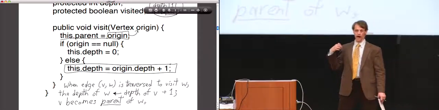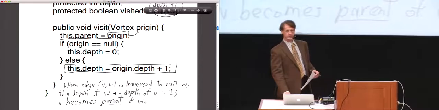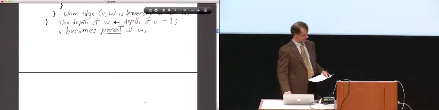So let me show you a graph and do a quick breadth first search on that graph so that you can see what all of this code is accomplishing. So I'm going to go back to the city graph that you've seen before.